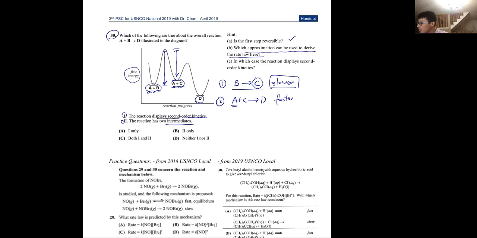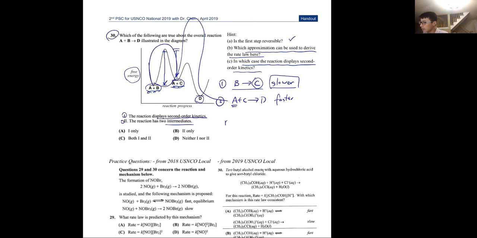So my next question is, in which case will the reaction display second order kinetics? Yeah, we need to make the second step slow. And then for the first step, we can use the pre-equilibrium approximation.